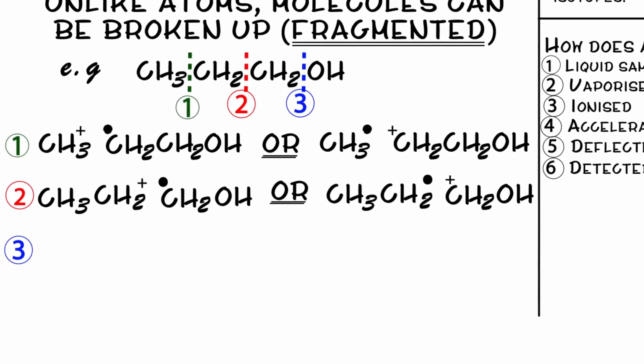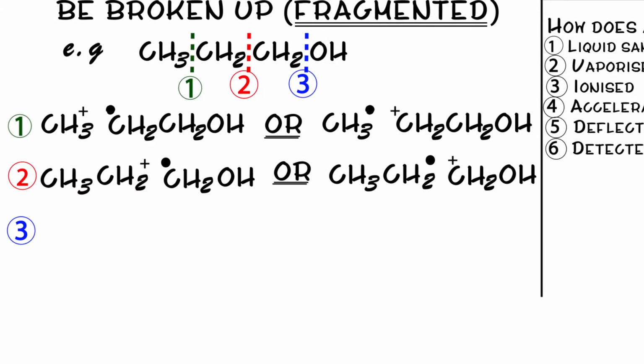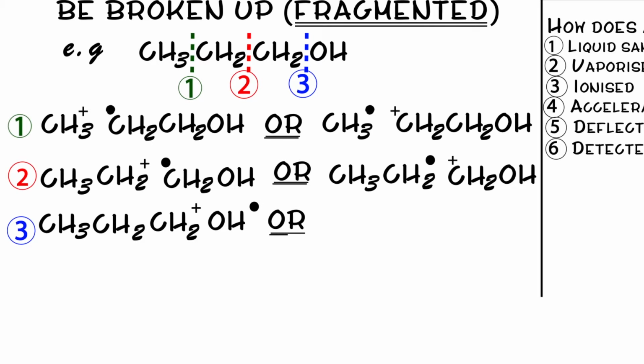So what we can form is effectively to the left, we can have CH3, CH2, CH2, and that could be a positive charge, and then you would have an OH as your radical, or you could have CH3, CH2, CH2, and that would be a radical, or this could be the positive charge, so that could be OH plus.